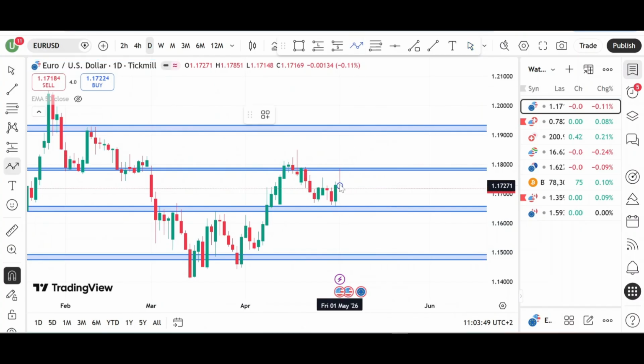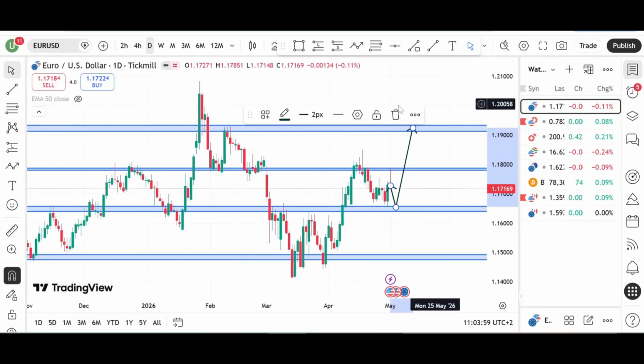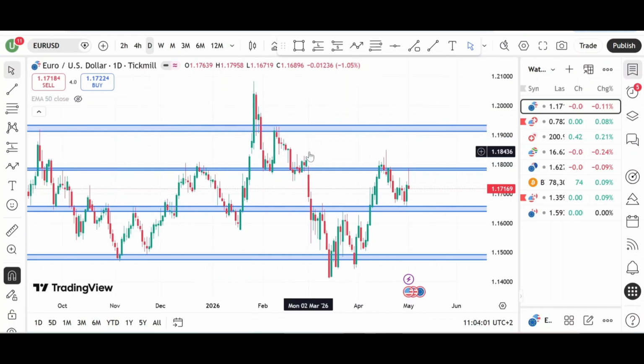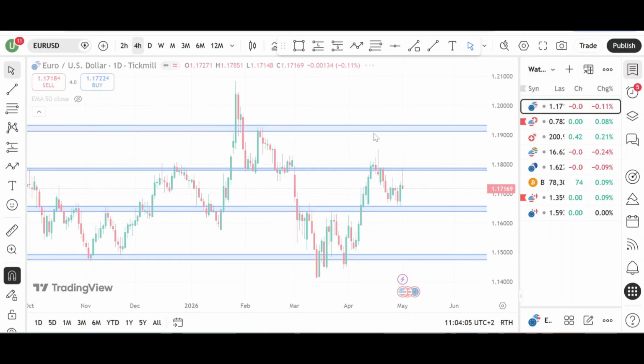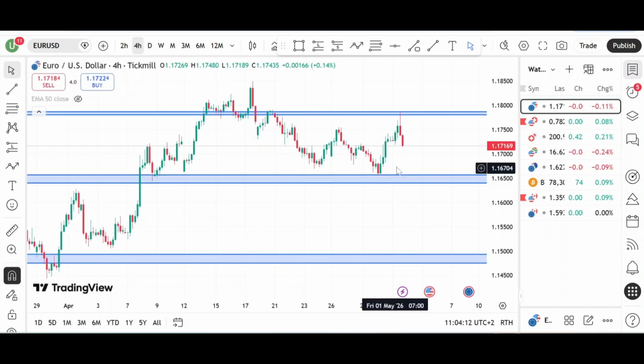The price might return back here for some time before continuing in an uptrend. So let's go to the H4 time frame to see what's going on. But in the daily time frame we are in an uptrend.